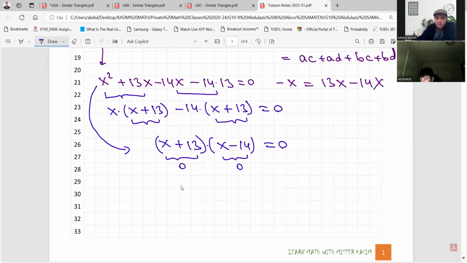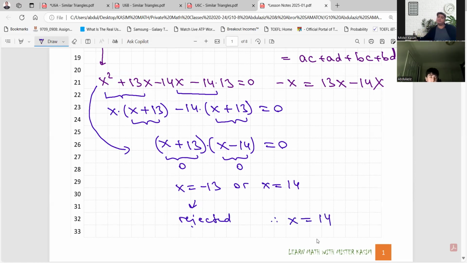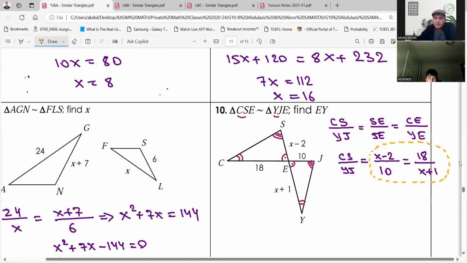And we know that x should be positive. x equals negative 13, or x equals 14. This x cannot be negative, that's why this answer is rejected. And our final answer would be 14. Okay? All right. Maybe 1 hour we'll practice this.